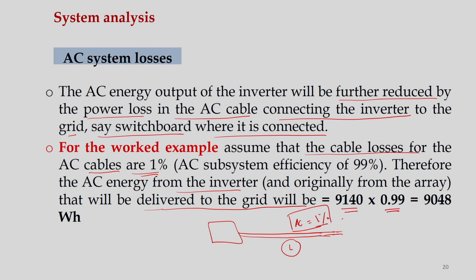Okay. So, this is the grid, this is the inverter. In between, this efficiency is 1%. So, the energy which will be given to the grid at this point, not here, at this point, will be 9048 watt hour, right.